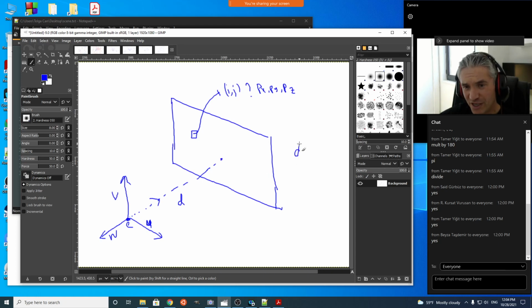In other words, my direction d will simply be p minus e, where p is the center of the pixel. What will p minus e give you? It will give you the direction from e to p, right? And then your ray equation, ray(t), will simply be equal to e plus dt, where d is this p minus e.